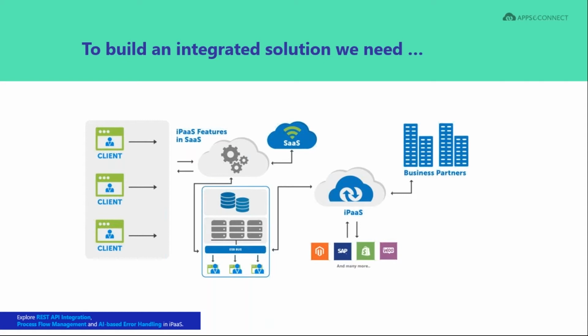You are correct. In this image, it shows how the client communicates with the application and how the AppSeConnect iPaaS solution retrieves the information from the correct place and pushes it to different applications. You are right. You can see from the image there are a large number of components involved.